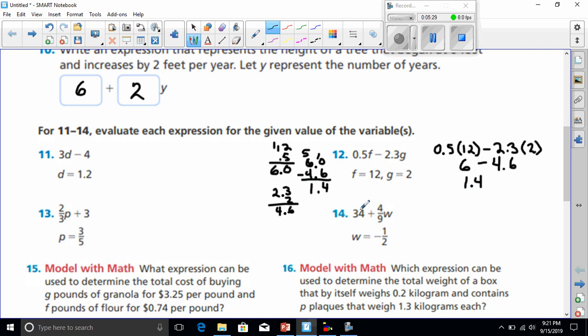We've got 34 plus 4 over 9w. They're saying that w is negative 1/2. So this problem is really 34 plus 4 over 9 times negative 1/2.